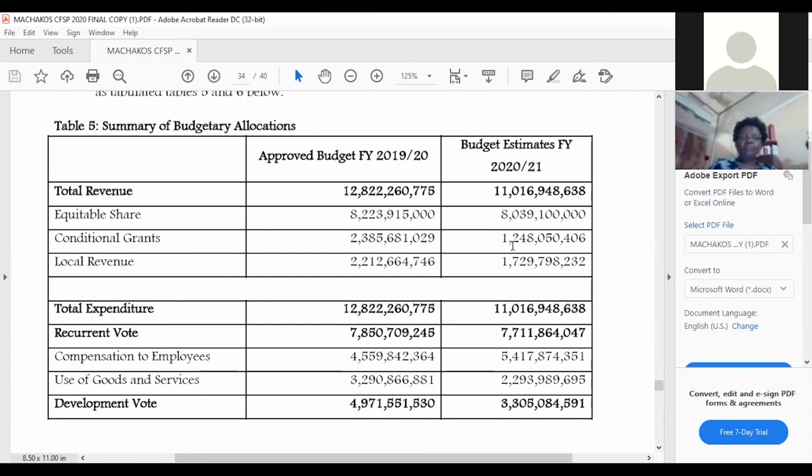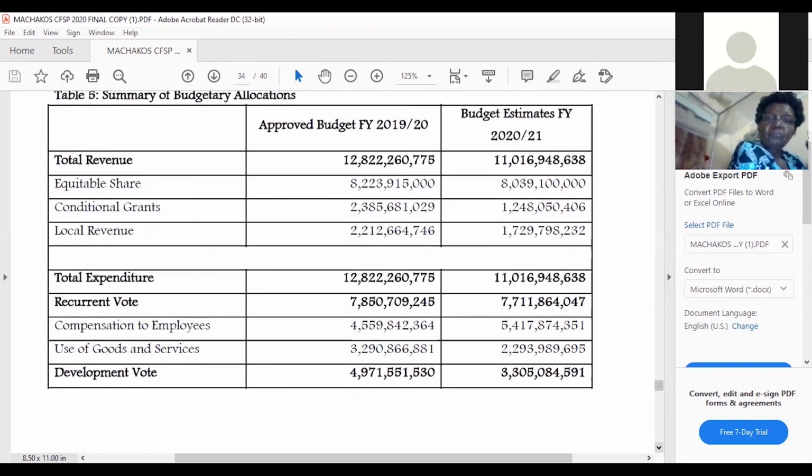Budget 2021 1.2 billion. Local revenue 2.2 billion, but 2021 1.7 billion. So even when it comes to total expenditure, they're expecting to use 12.8 billion, but for the budget estimates for the next financial year, they reduced it to 11 billion. Okay.